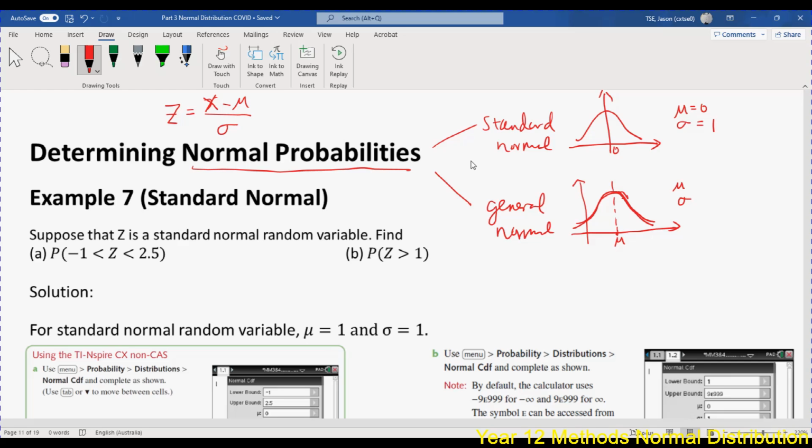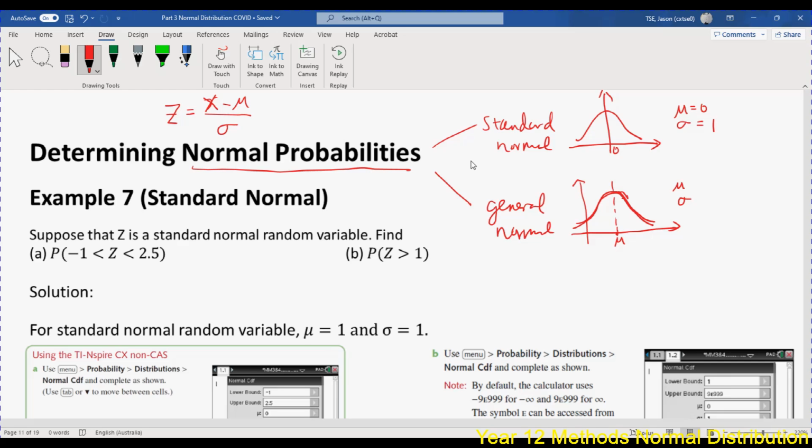So the good news is that we are going to find the probabilities, most likely in paper 2, using your calculator. This lesson I'm going to show you how to use the calculator to find the probabilities.